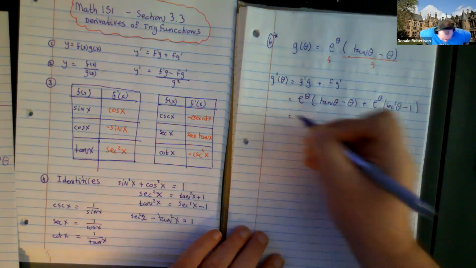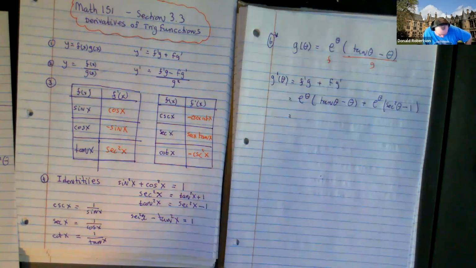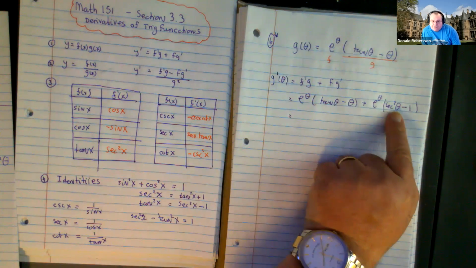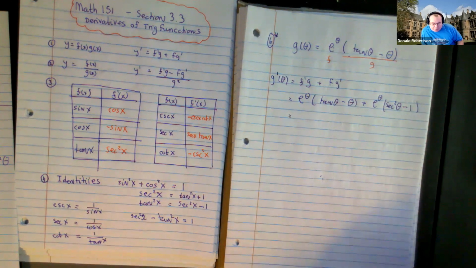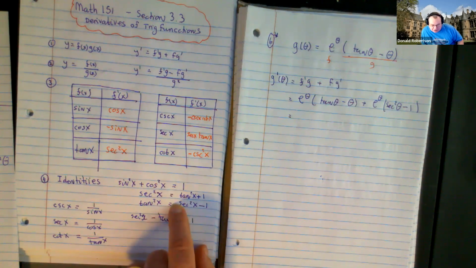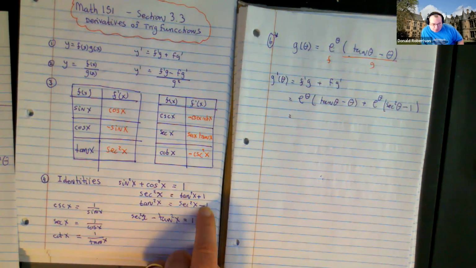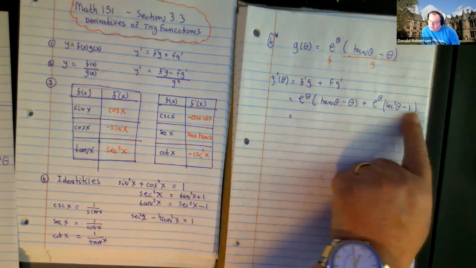And yes, something interesting did happen. Secant squared theta take away 1. You see it in my little list here? Secant squared x take away 1 is tan squared. So isn't that tan squared?